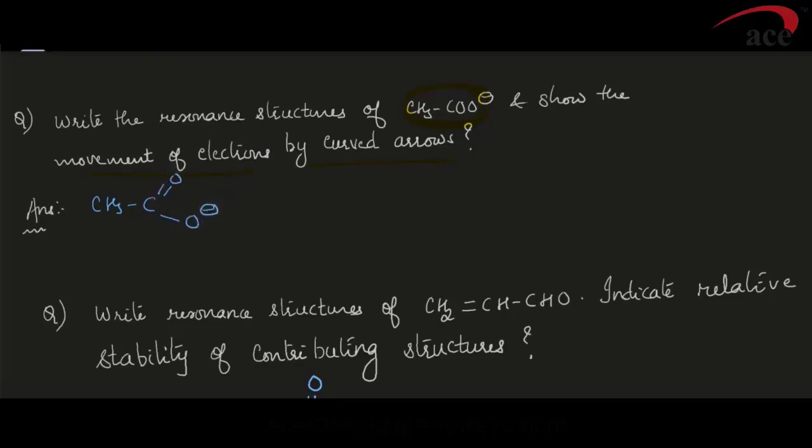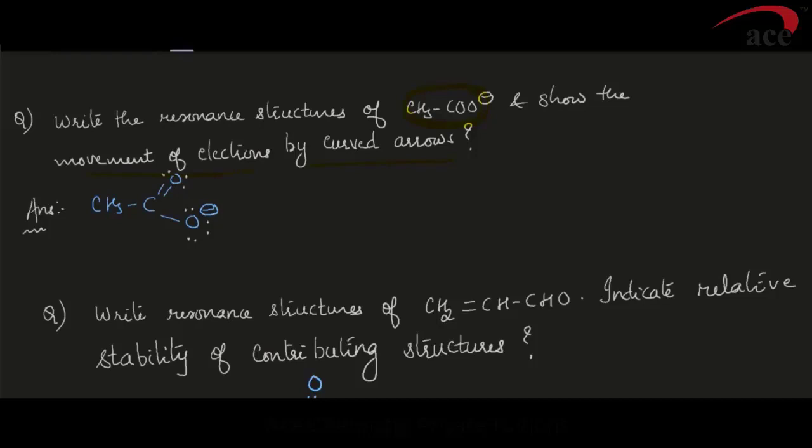So students, we know that whenever we have a singly bonded oxygen atom, that oxygen will have 3 lone pairs, and whenever we have a double bond, that oxygen will have 2 lone pairs. First, write the structures and put the unshared pairs of valence electrons on appropriate atoms.